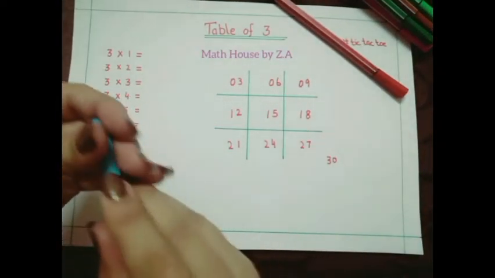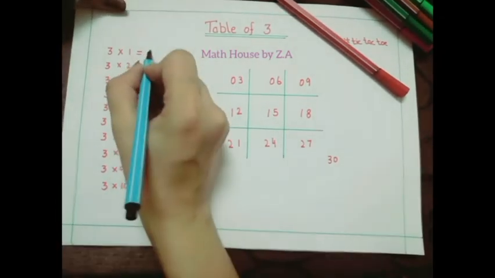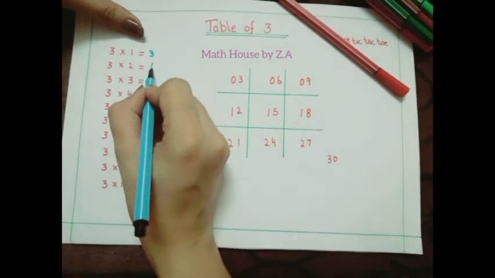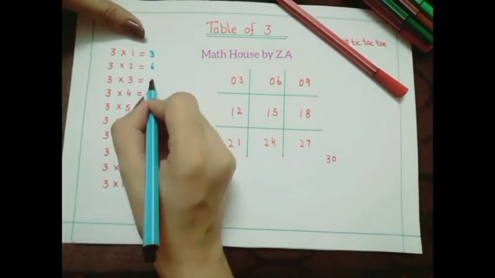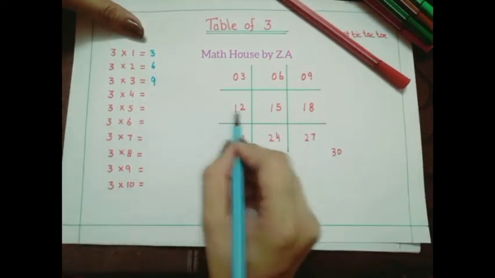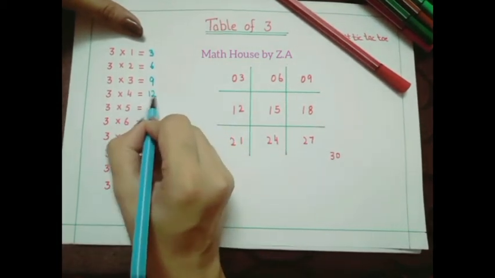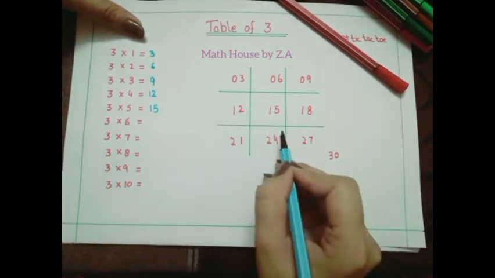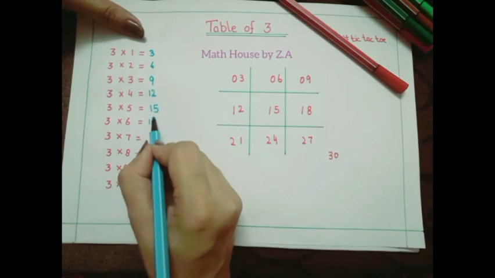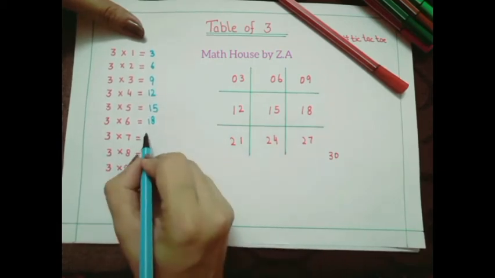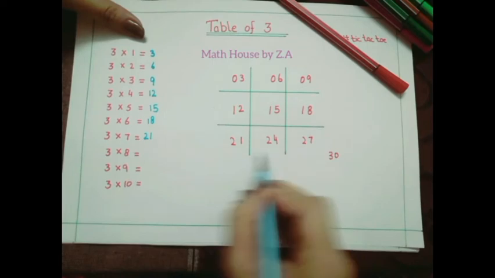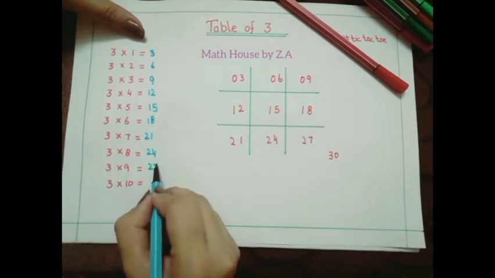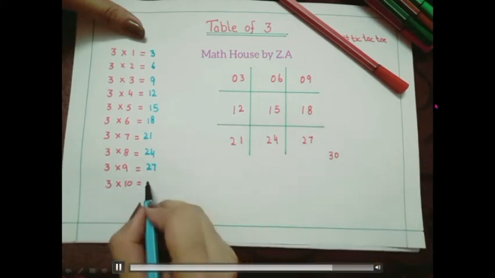So 3 ones are 3, 3 twos are 6, 3 threes are 9, 3 fours are 12, 3 fives are 15, 3 sixes are 18, 3 sevens are 21, 3 eights are 24, 3 nines are 27 and 3 tens are 30.